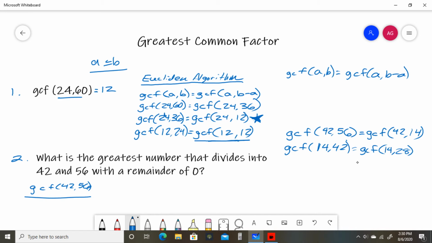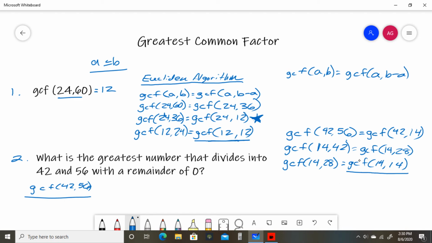So now we know that the GCF of 42 and 56 is the same thing as the GCF of 14 and 28. So at this point, most people will be able to see what the GCF is, but for the sake of learning, again, I'm just going to take it one step further. So the GCF of 14 and 28 is going to be equal to the GCF of 14 and 28 minus 14, which is 14. And once you're at this point, the answer is basically given to you.